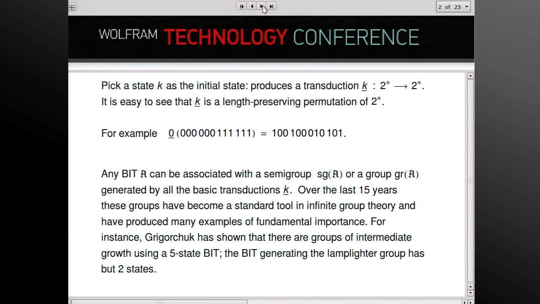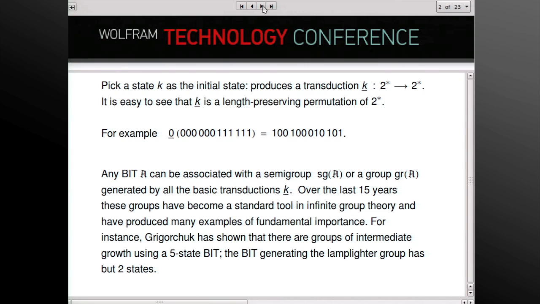If you think of them simply as permutations, it's a very natural thing to consider the group that's generated by these permutations. You look at all possible functions that you can define, not just the maps that you get by picking an initial state, but also by functional composition. If you do this, you get a group or a semigroup, depending on which closure you take.